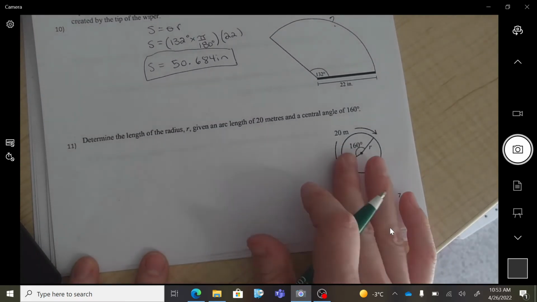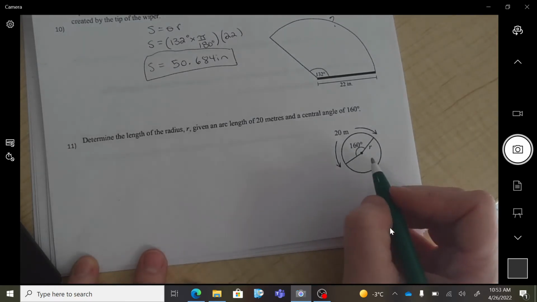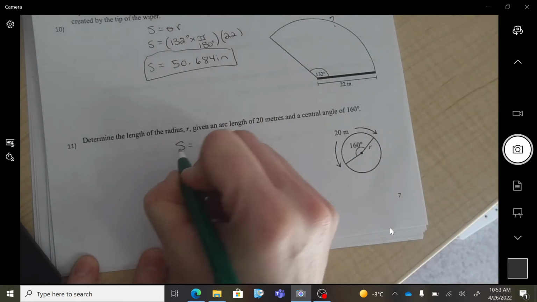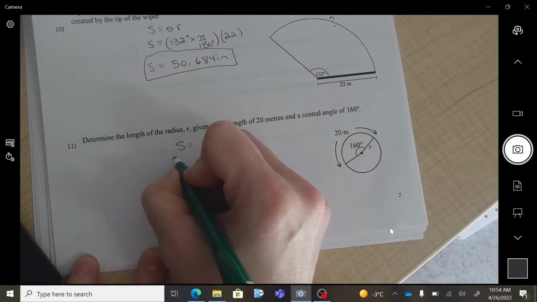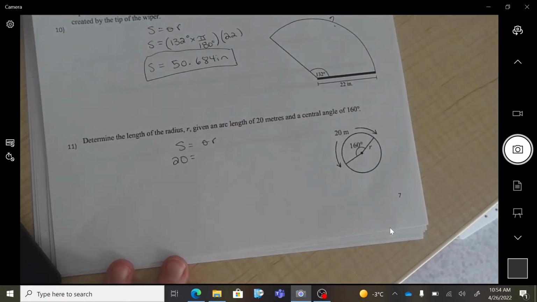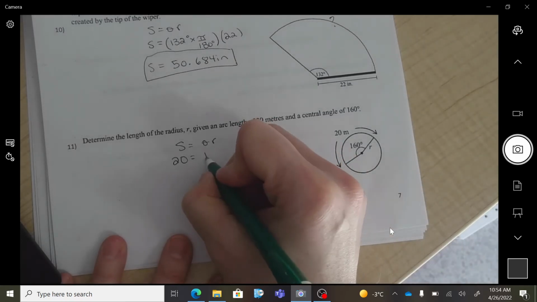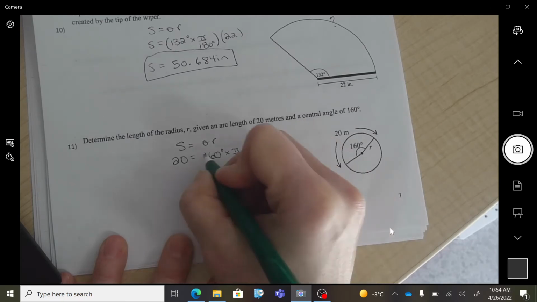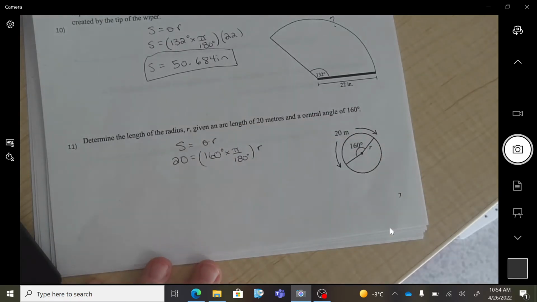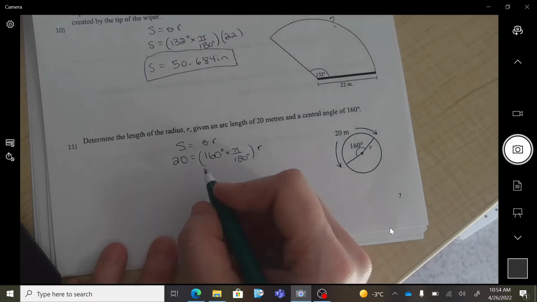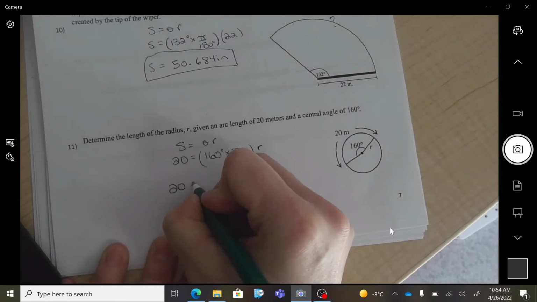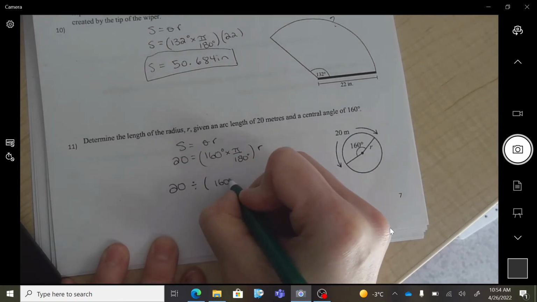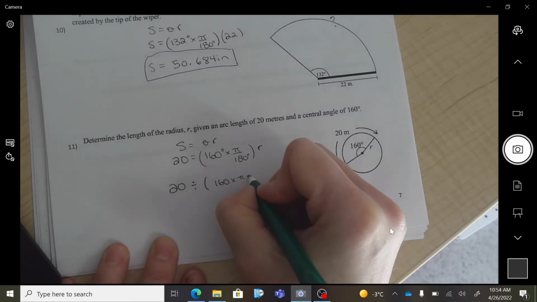Determine the length of the radius. Okay, so we have an arc length of 20, and then my angle is 160 in degrees. So I'm going to have to convert. Okay, so this one is more about whether you can type it into your calculator properly. So I'm going to have to do 20 divided by this in brackets.